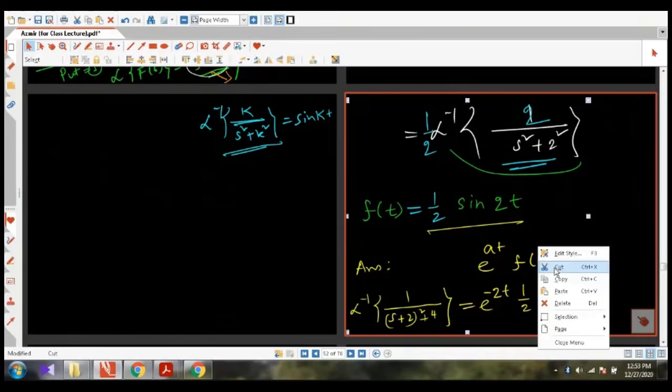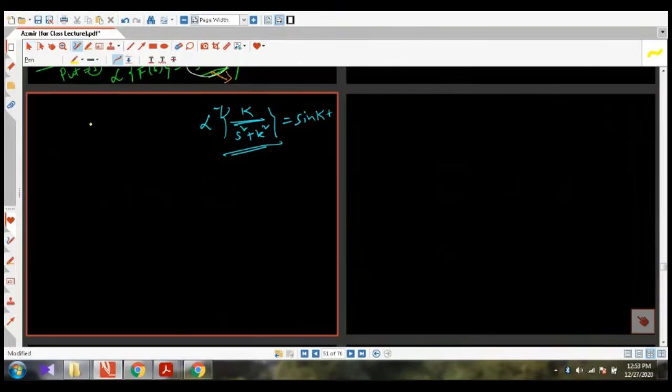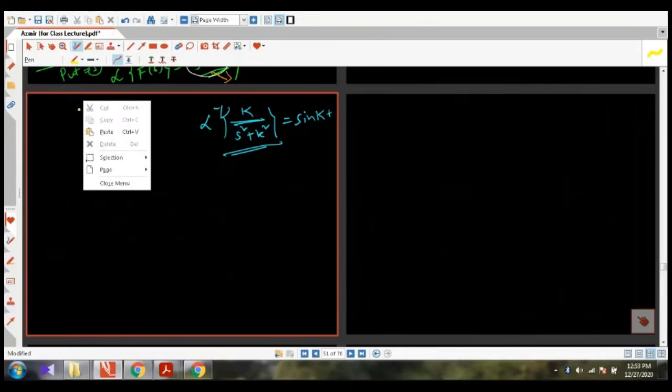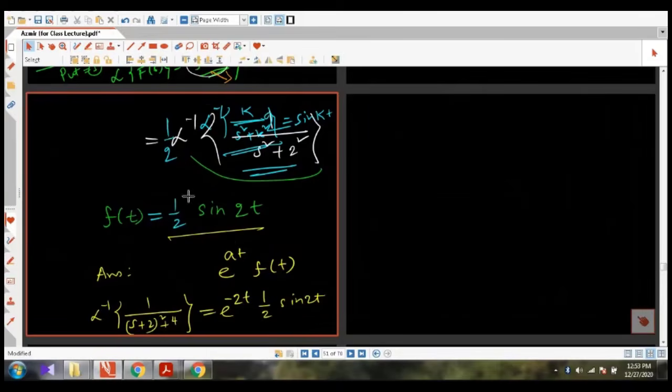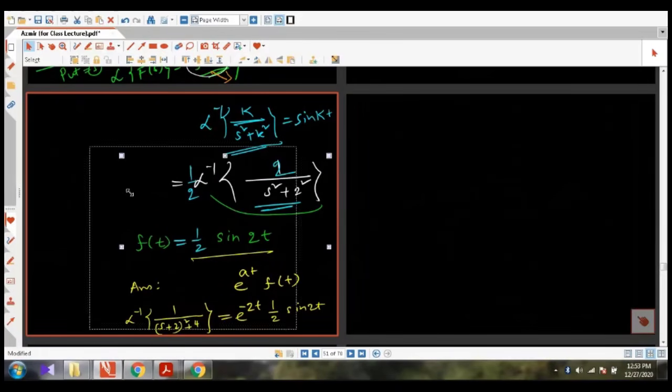So you will understand if I show another problem that is also based on the second property, that is called the shifting property.